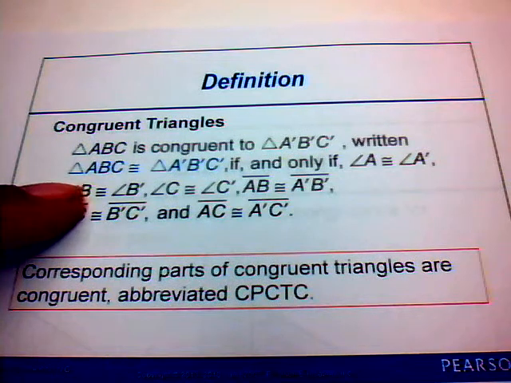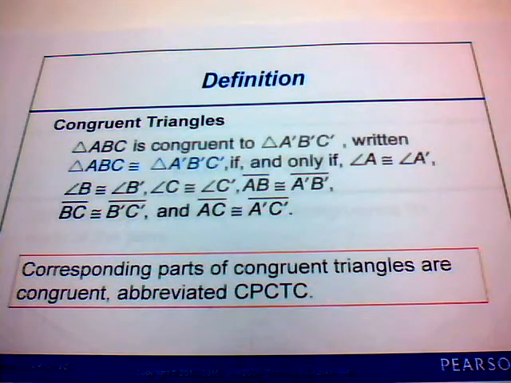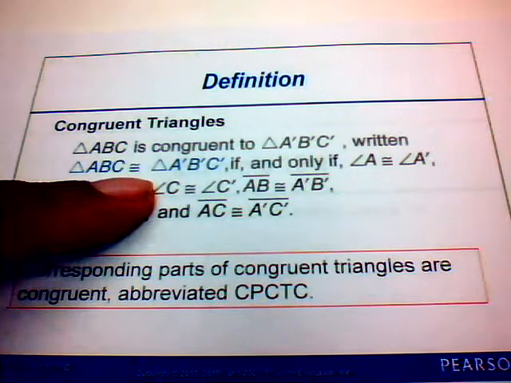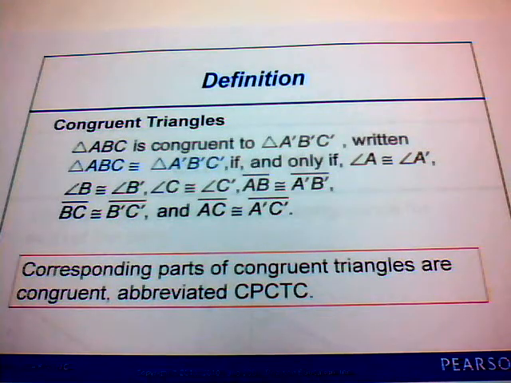This is a symbolic notation for the statement that triangle ABC is congruent to triangle A prime, B prime, C prime, and that's if and only if angle A is congruent to angle A prime, angle B is congruent to angle B prime, angle C is congruent to angle C prime, line segment AB is congruent to line segment A prime B prime, line segment BC is congruent to line segment B prime C prime, and line segment AC is congruent to line segment A prime C prime.